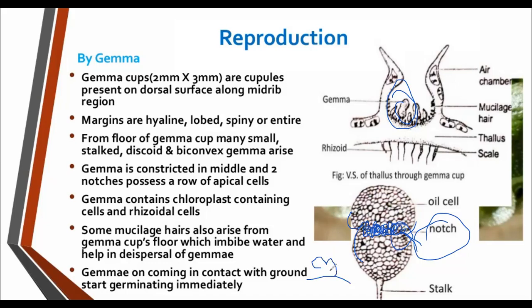When it comes in contact with the land surface, this notch region develops the root-like structures, the rhizoids. These rhizoids attach firmly onto the surface of the land, and they develop into a new thallophytic plant body. This is about the gemma and gemma cup.